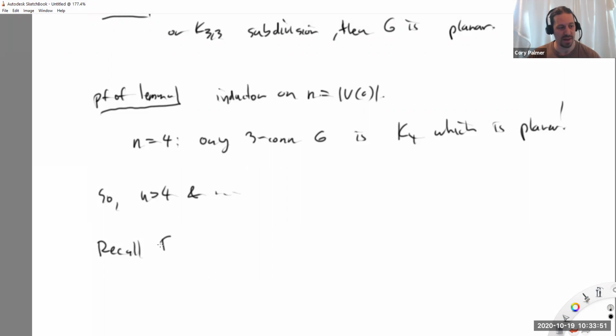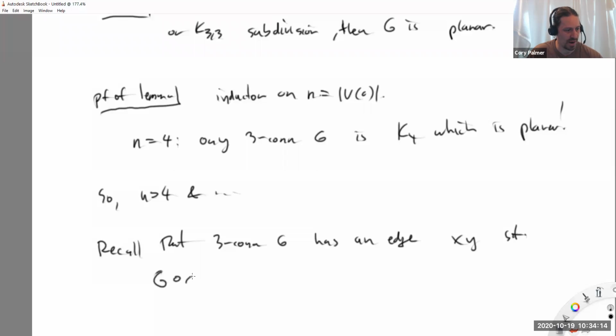So recall that 3 connected graphs always have an edge that you can contract and maintain the 3 connected property, at least if they have more than 4 vertices, which they do in the case we're in. G has an edge xy such that G contract xy remains 3 connected.